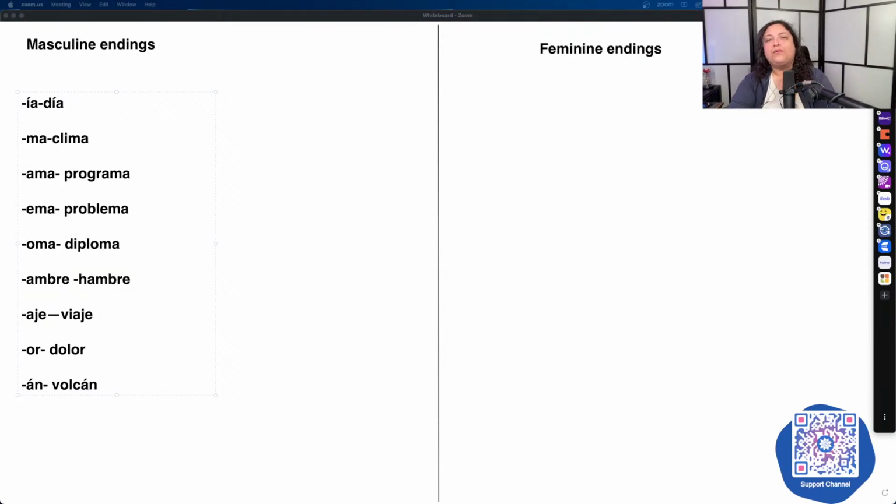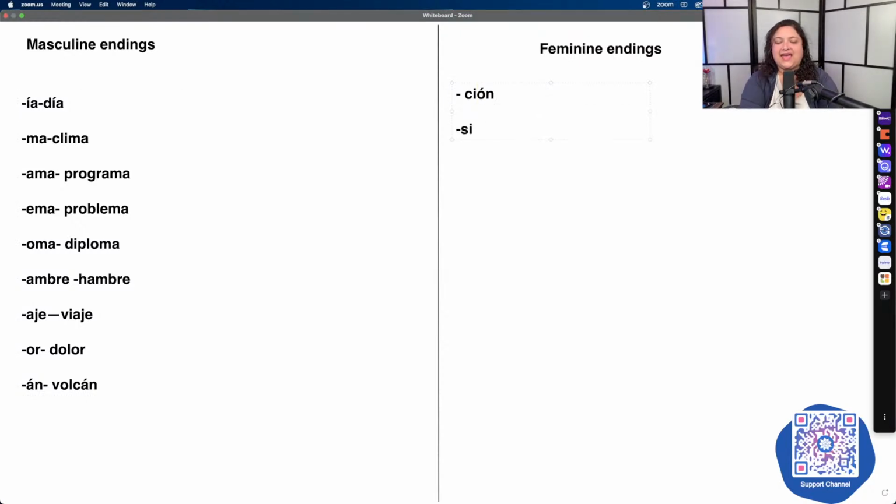Now, how about feminine endings? Words ending in CI accented ON or SI accented ON are going to be feminine. So for an example, for CIÓN, let's go with misión.